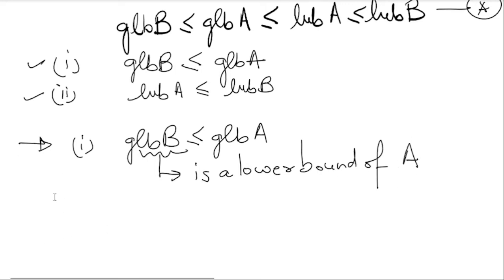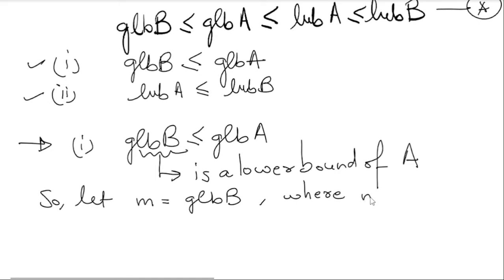So what I do now, let small m be the greatest lower bound of the set B, where of course this small m is a real number.